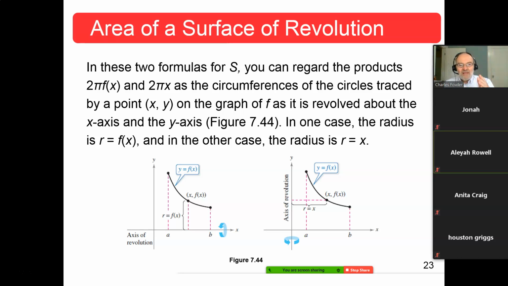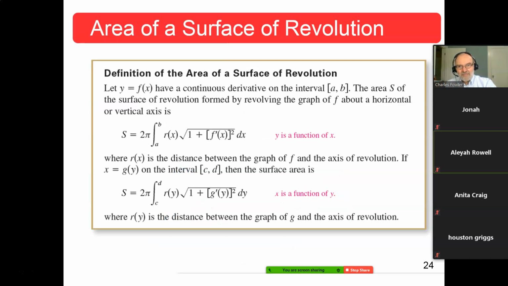If you are revolving around a line that's parallel to the y-axis, you just calculate the distance from that line to the curve. It still works the same. It just adds a little more complexity, but it's not too bad. They may not even be going to do that, but you could if you needed to.